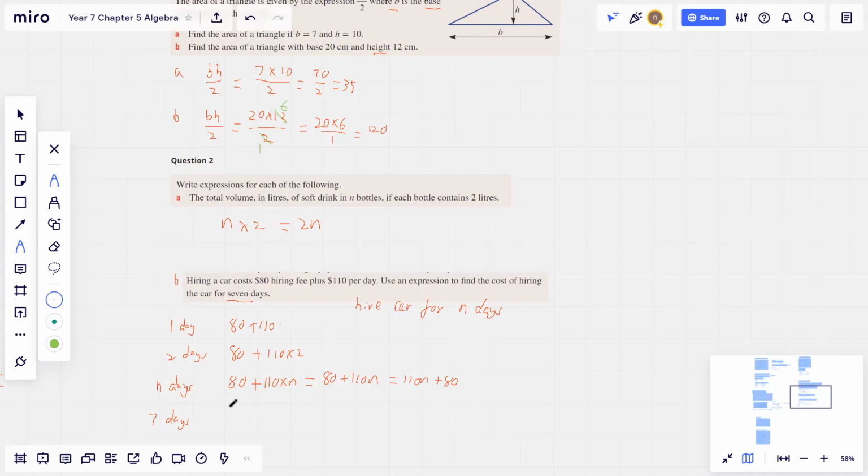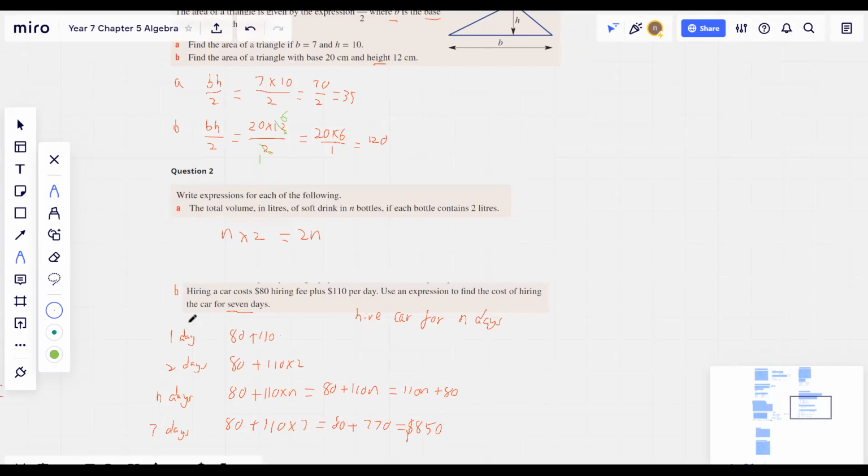So if it's 7, we have 80 plus 110 times 7, because we hire it for 7 days. Then we do the calculation: 80 plus 770. Add them together and you have $850. We're in dollars here, so that's $850. Then we finish this question.